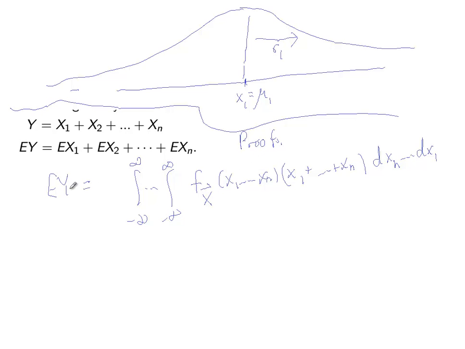Okay, so if I want E of Y, I have to put Y in here, and I can just break this sum up because this x1 doesn't depend on anything else, I can just pull it out. Times x1 dxn dx1 plus, and then all the integrals are going to be like that.